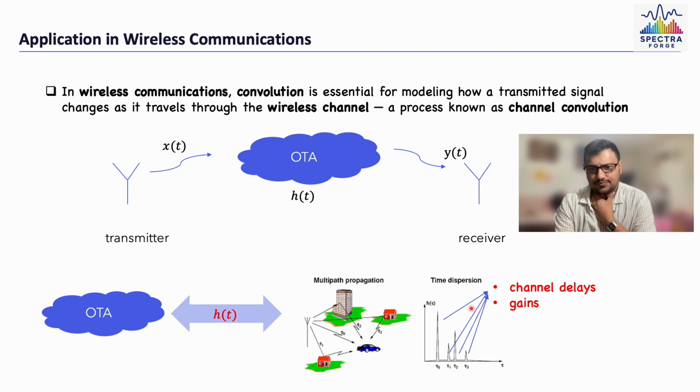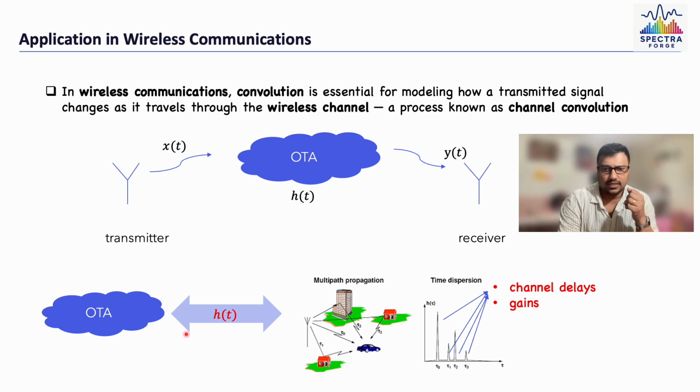So that's the channel delay, and then there is a gain associated with the distance. If you know the Friis transmission law, the propagation loss is inversely proportional to the square of the distance. So definitely there will be a loss. The receiver is not receiving the signal as it is transmitted by the transmitter, so there are certain distortions.